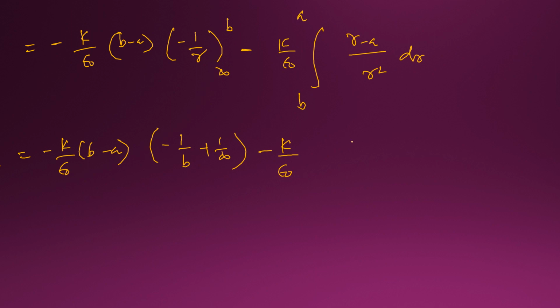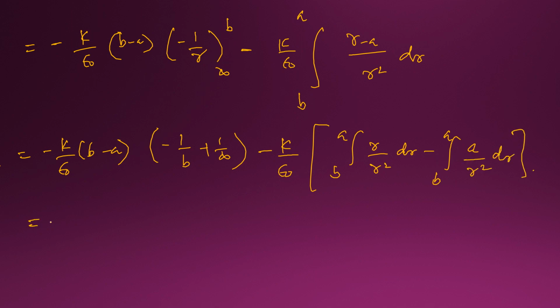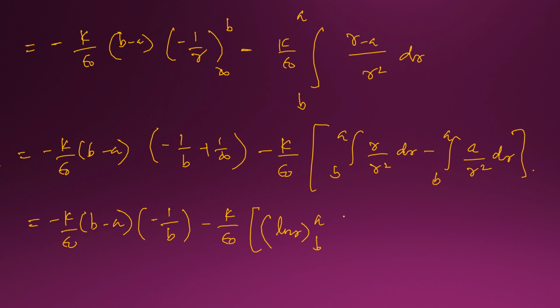See, here I'll separate it: 1 by r squared dr minus a by r squared dr. So k by epsilon naught (b minus a) times minus 1 by b, minus k by epsilon naught. The integral of 1 by r dr is ln r, isn't it? So ln r from b to a, plus a by r from b to a.